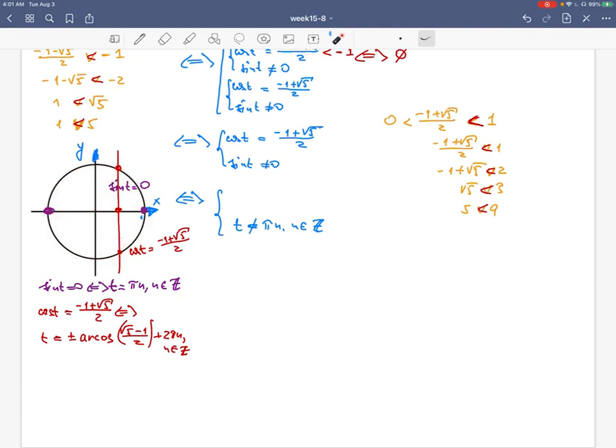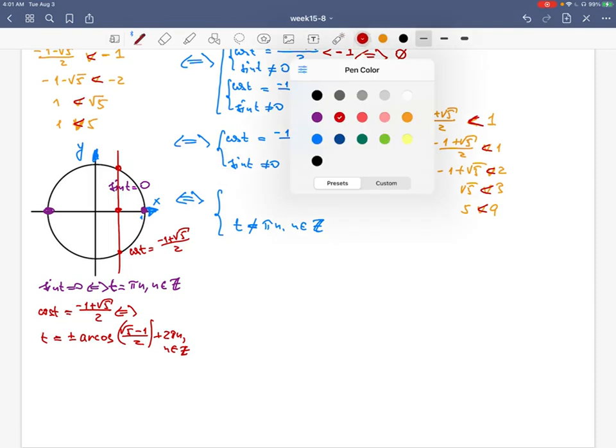So whenever cosine t equals root 5 minus 1 over 2, this condition that sine is not 0 is automatically satisfied.